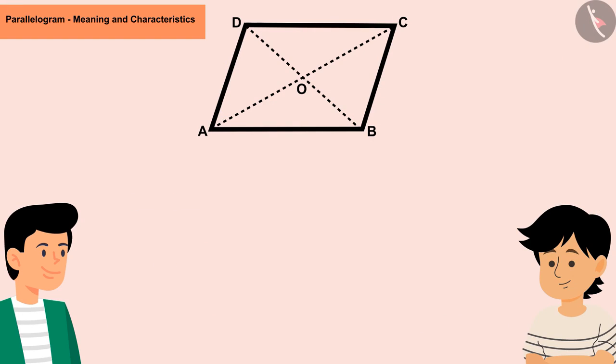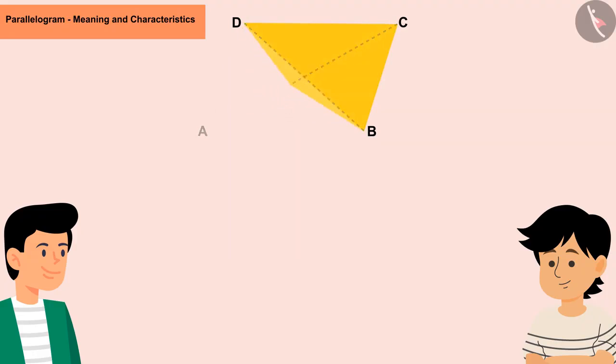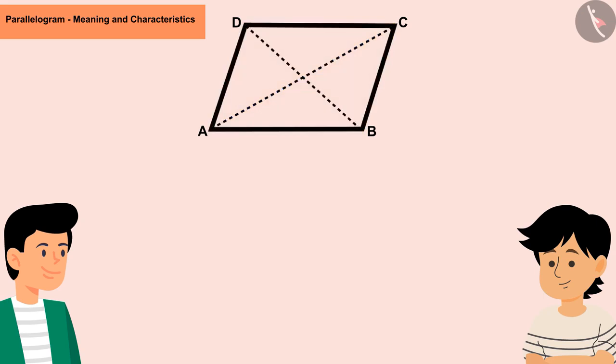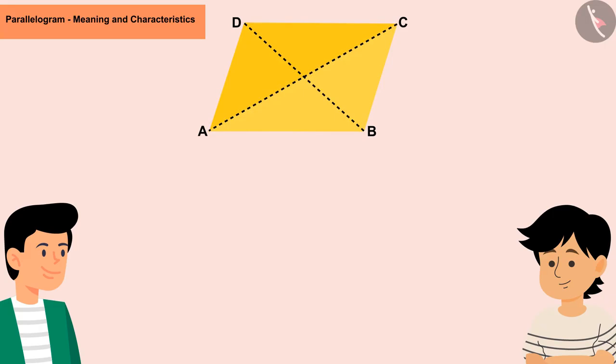If we fold this parallelogram in such a way that the vertex A completely covers vertex C, now if we fold this quadrilateral in such a way that the vertex B comes over the vertex D, by doing this we get the midpoint of the diagonal BD.